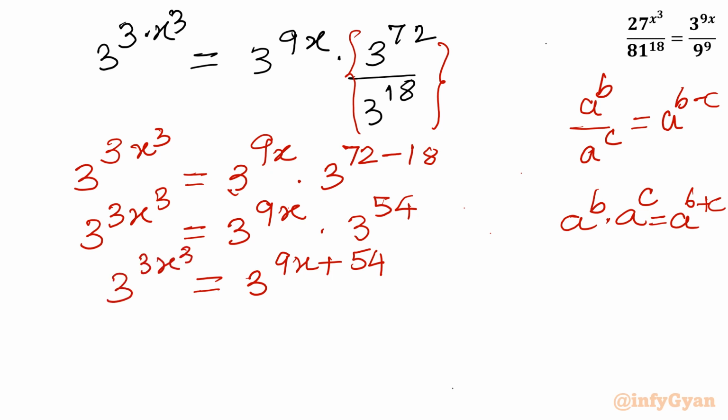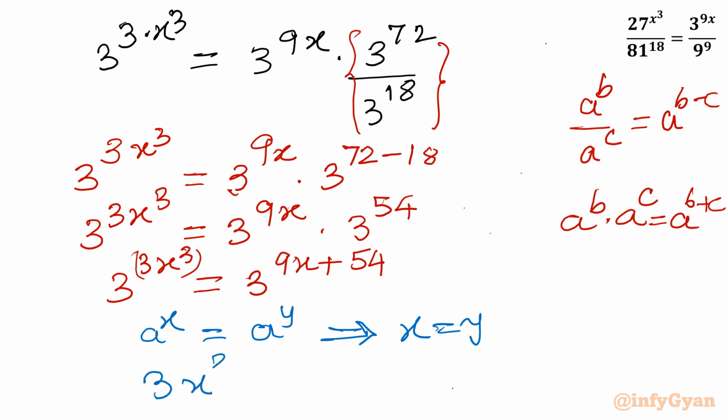Now you can see left hand side is having base 3, right hand side is also having base 3. So if a^x equals a^y, then the conclusion is x equals y. Exponents must be equal. So I will be writing 3x³ equal to 9x plus 54.